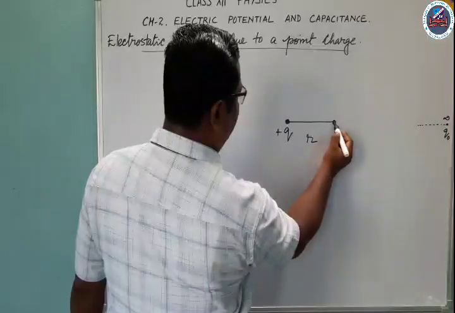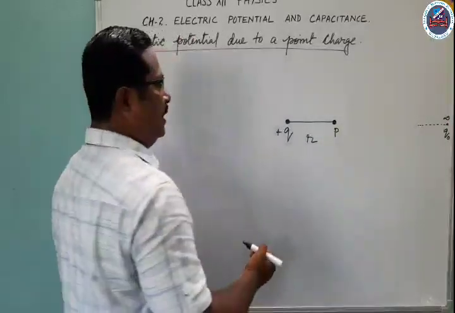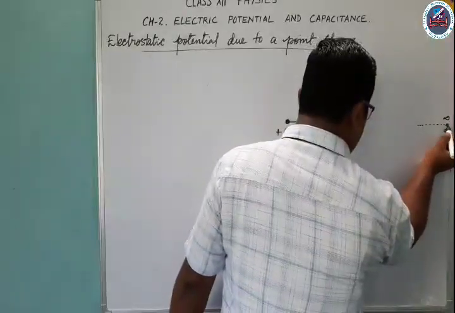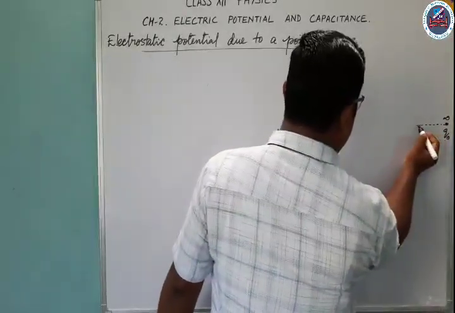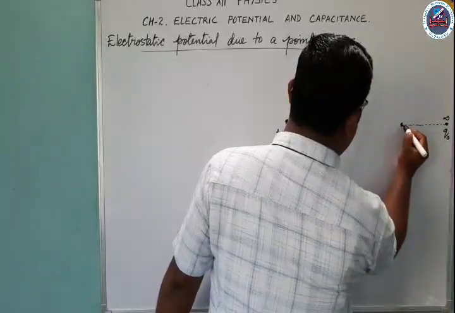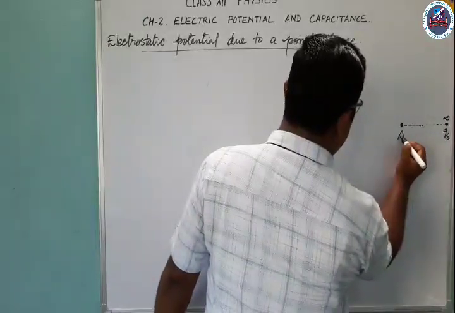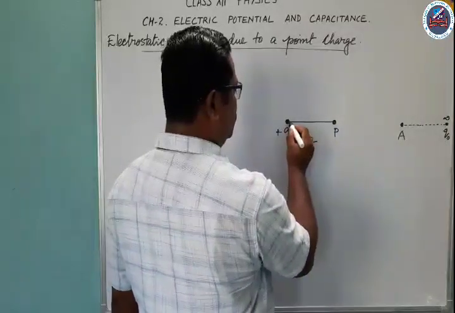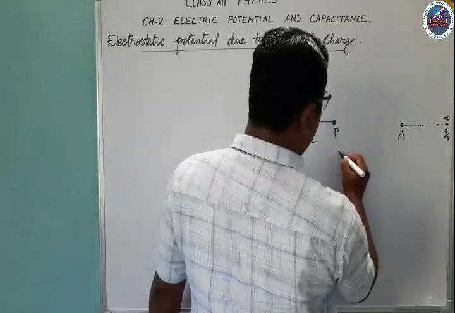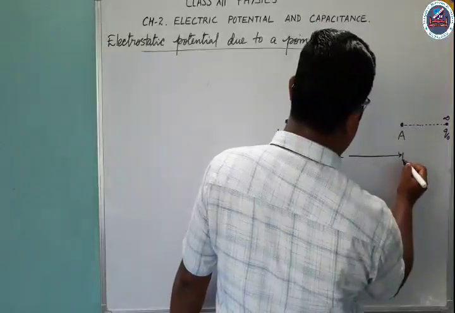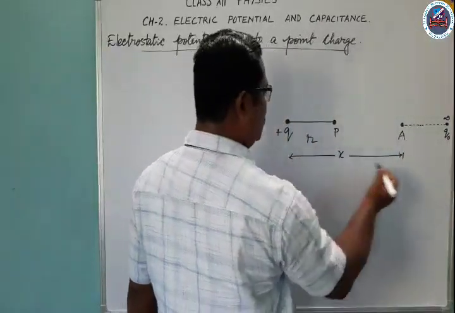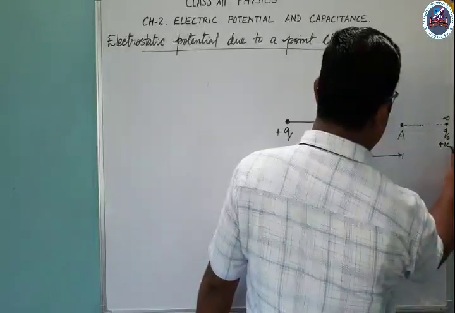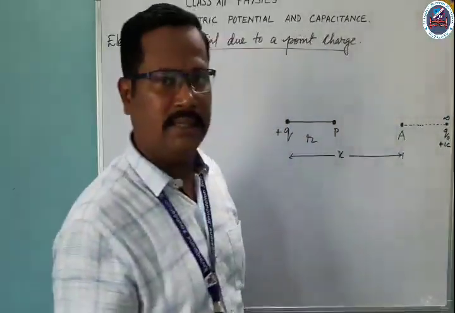Then the point here selected is P. Let us consider, while bringing this unit positive test charge from infinity, there is a point A, say, an intermediate point whose distance you know from the source charge. Let us say it is X. And this unit test charge, we say it is of 1 coulomb. You imagine it as 1 coulomb.